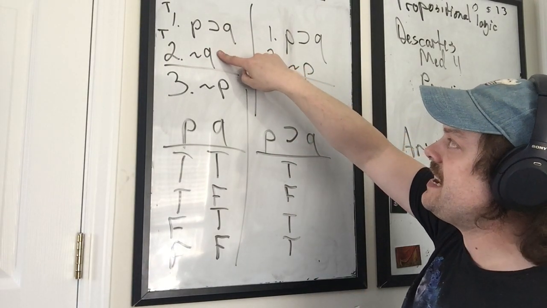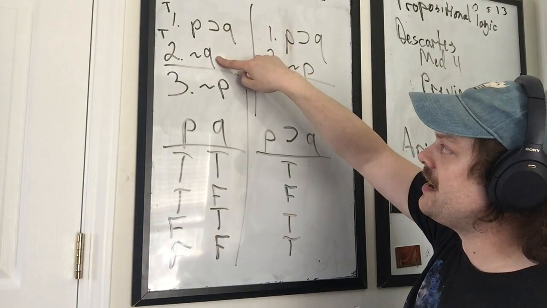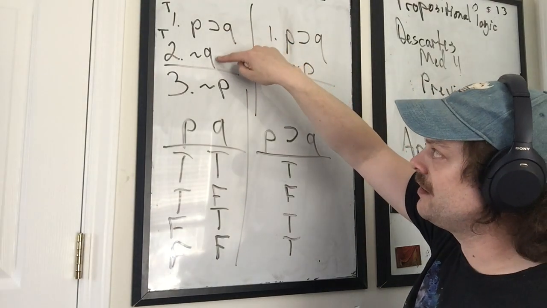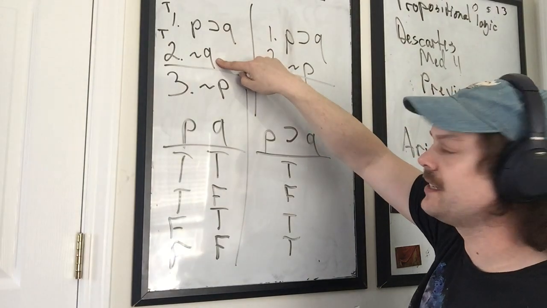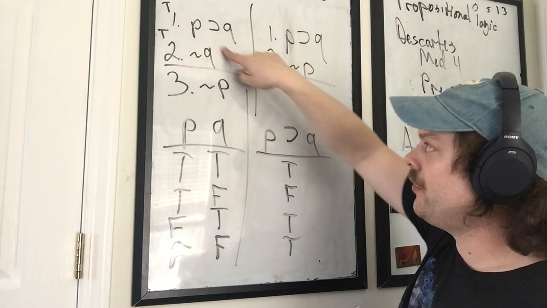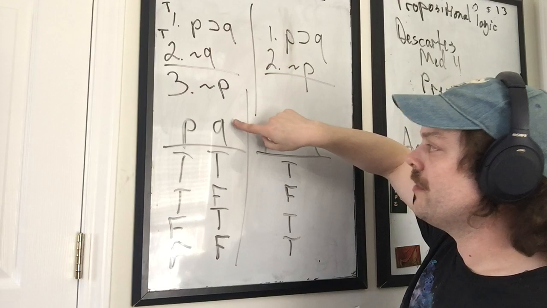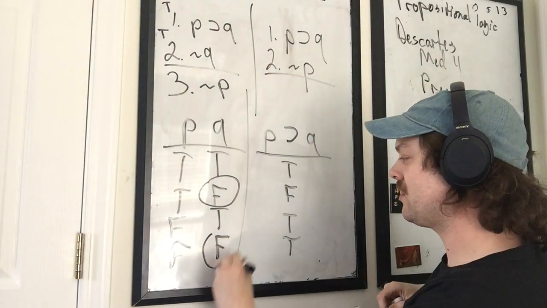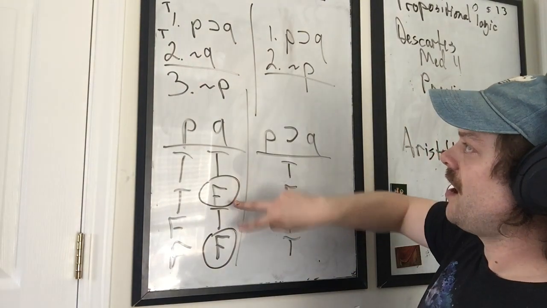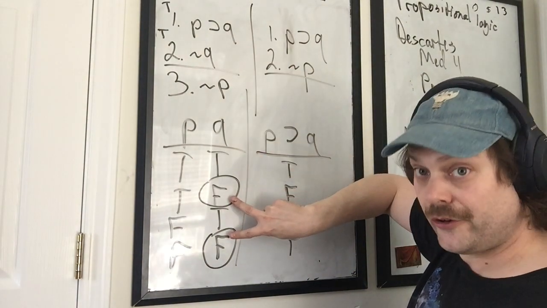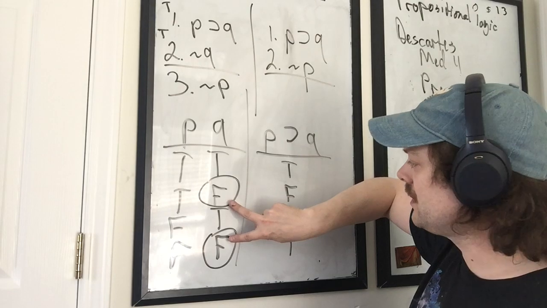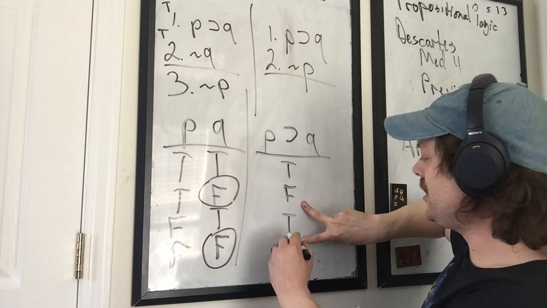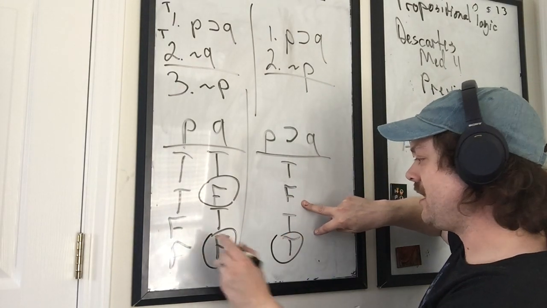Then we need the consequent to be false, right? If not Q, the consequent, is true, well, that's going to happen whenever Q is false. Q is false here, Q is false here. So our second premise will be true here when Q is false. Our first premise is also true here.